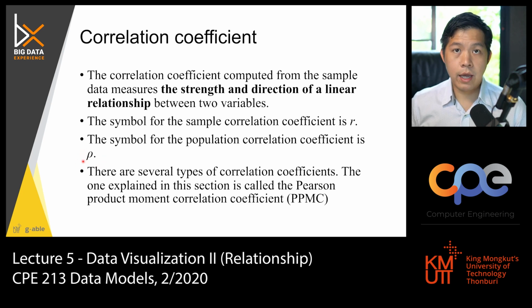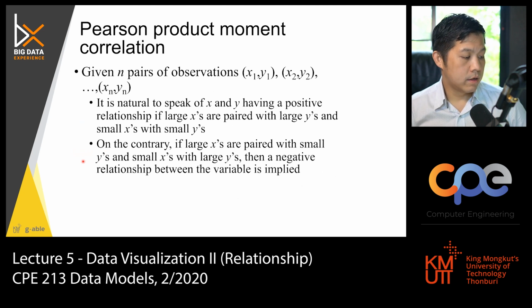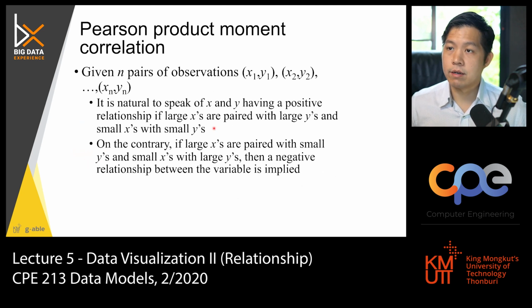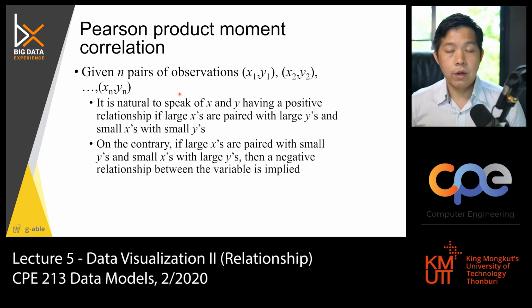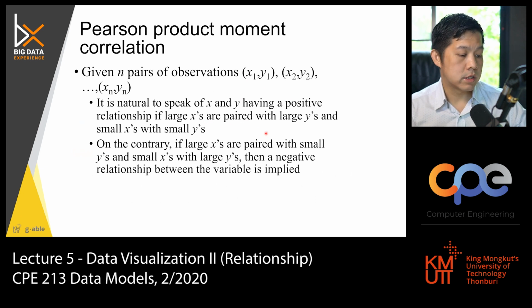So how do we calculate this Pearson correlation? Let's look at this example. If we have pairs of data observations x1, y1, x2, y2, to xn, yn, we will say that these two are in a positive relationship if large x pairs with large y and small x pairs with small y.